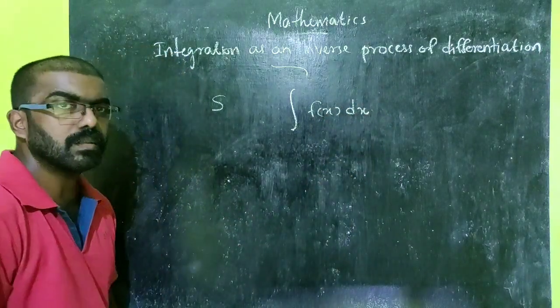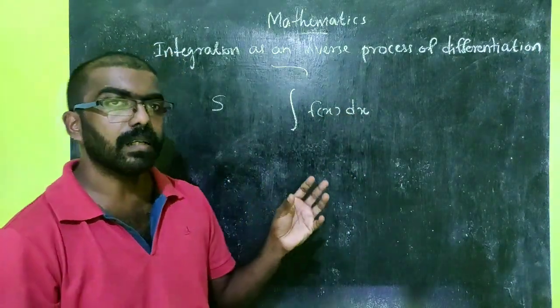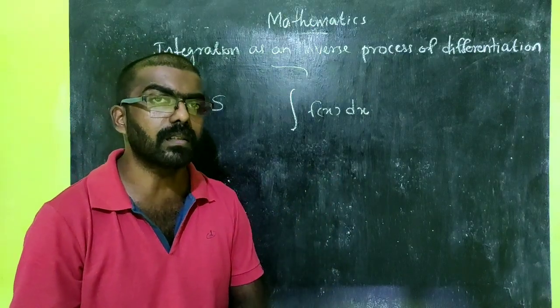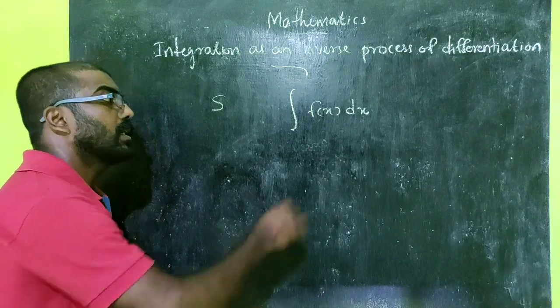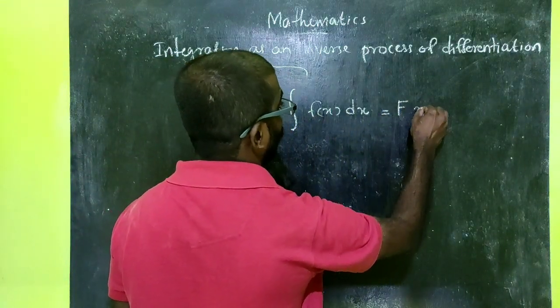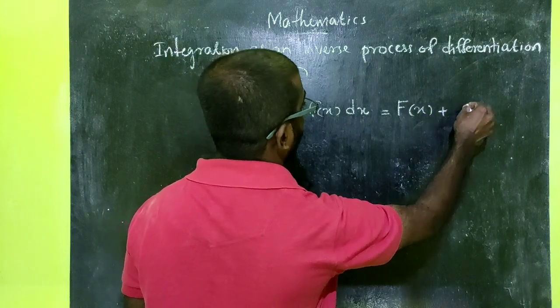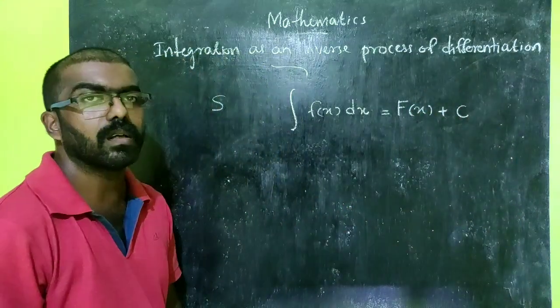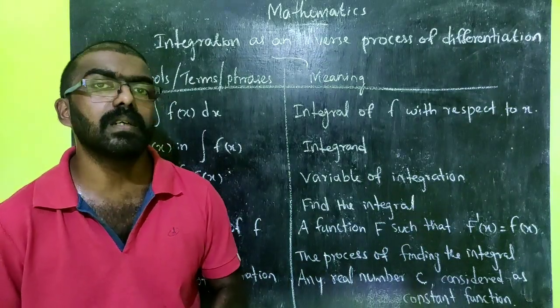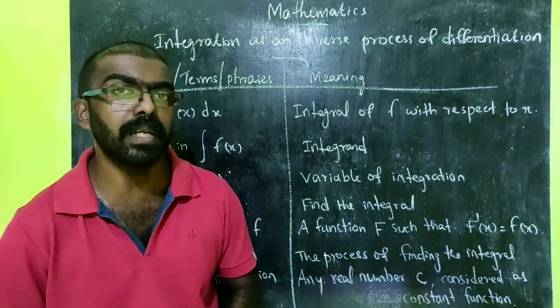Integral f of x dx means integrate the function f of x with respect to x. Symbolically, we write integral f of x dx is equal to capital F of x plus the integrating constant c.